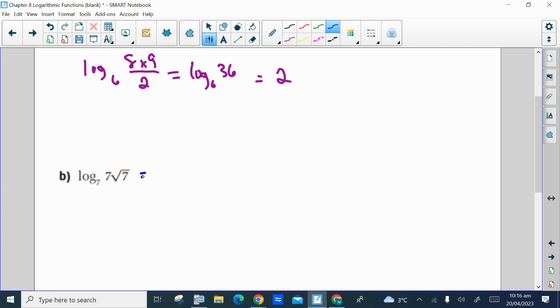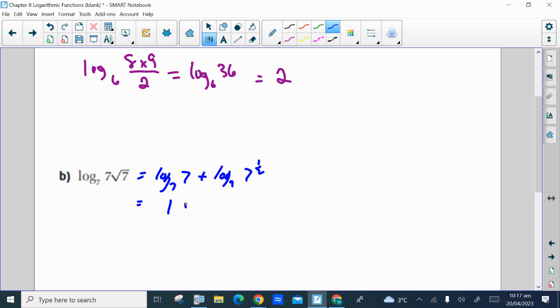Question B, that'll be log base 7 of 7 plus log base 7 of 7 to the power a half. Log base 7 of 7 is 1. That's asking 7 to what power is 7? Another way of looking at it is if you use the change of base identity, it'd be log 7 divided by log 7.